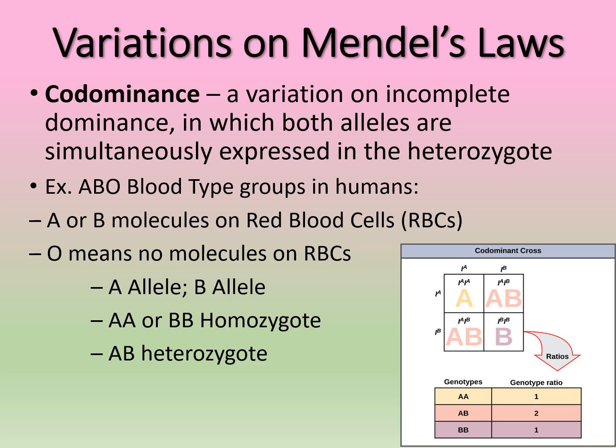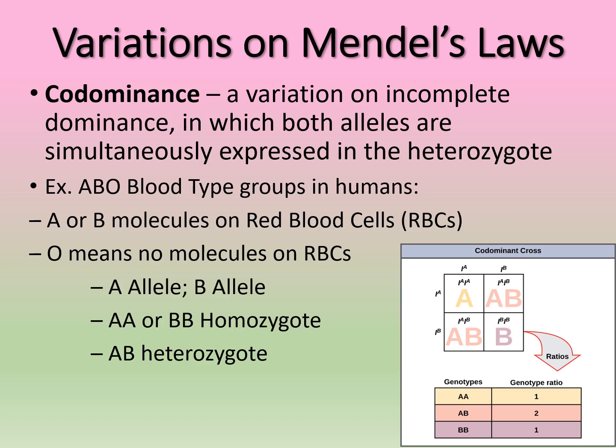So again, here are our examples, because we can have an A allele and a B allele, right? So they're codominant. So you can either get your AA individuals or BB individuals, which we just call A type and B type. And they're homozygotes, right? So the alleles are matching.